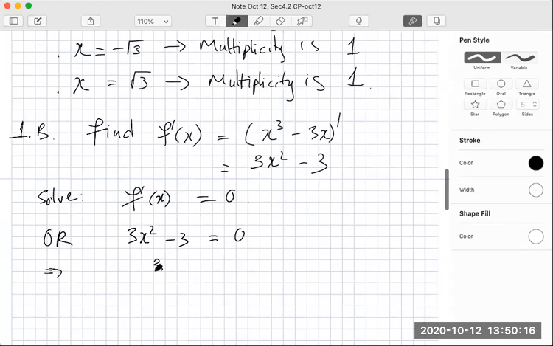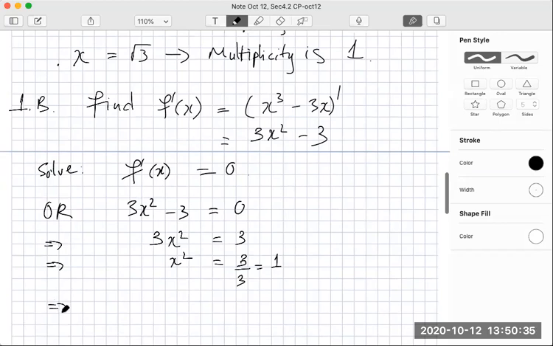Therefore, we have 3x squared equals 3. Very good. And then, yes, 3 divided by 3, which is 1, right? Therefore, x squared is 1, so x will be, very good.